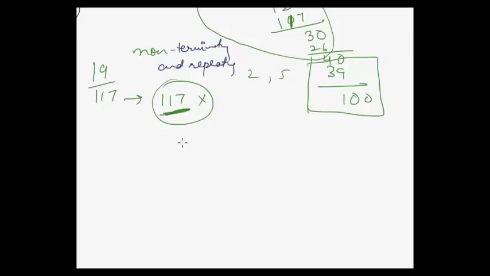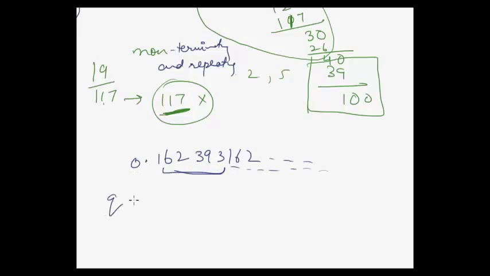And if we perform the decimal expansion of this rational number, we will get 0.162393162, that is, this 162 stage will again start repeating. Why?